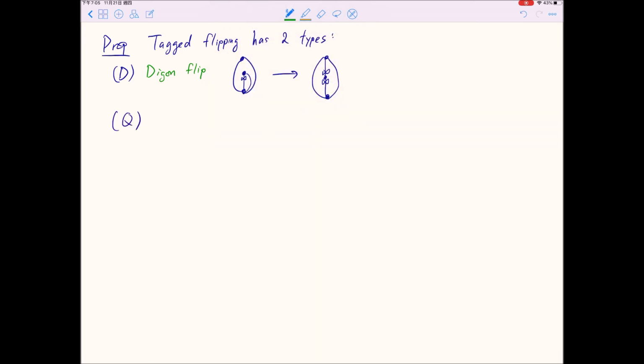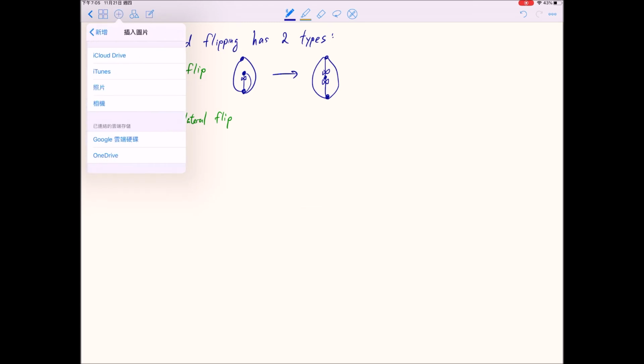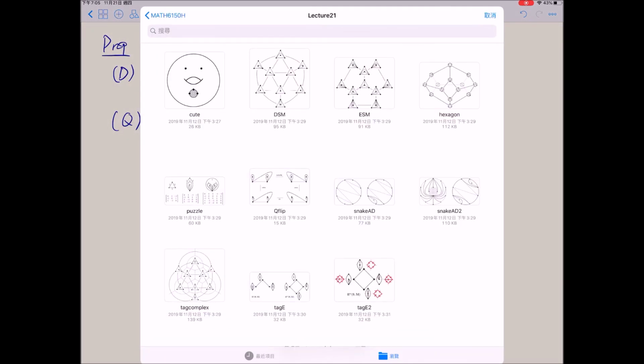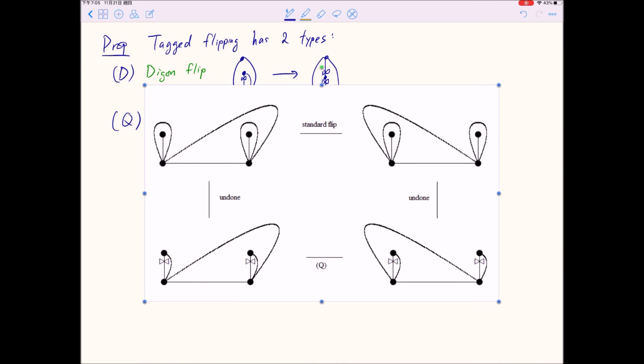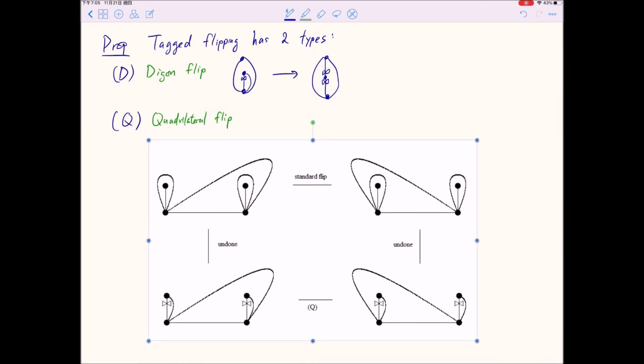And the second type is the quadrilateral flip. So this is the standard flip in the undone version. Right, so the picture here, you want to flip from here to here.